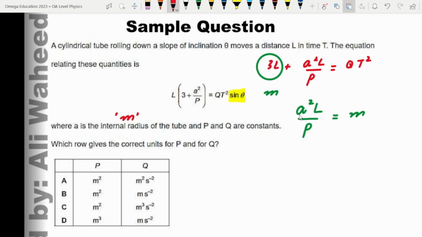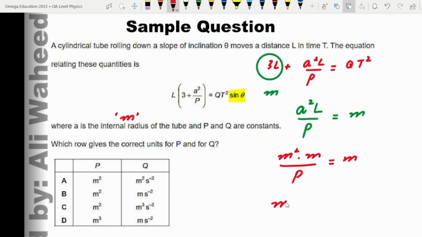Then in the next step, they told you that A is the internal radius. Radius is a length, so the unit is meter. The unit would be meter squared times meters divided by P equals meters. Then you can sort it out to find the value of P.